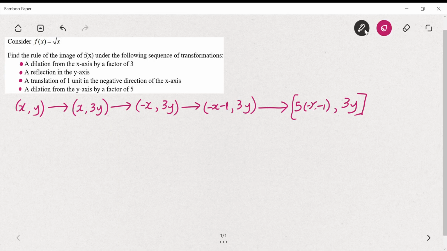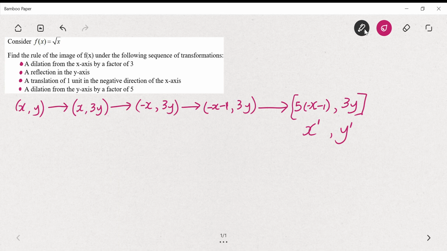So I'm just going to say our image point is (x prime, y prime), and our image point is gained by taking 5 times negative x minus 1 to make your x prime, and 3 times y to make your y prime.